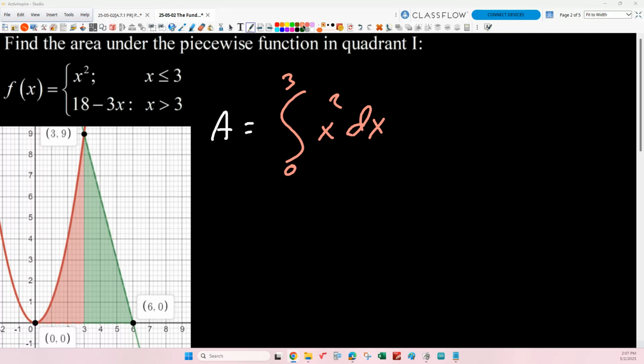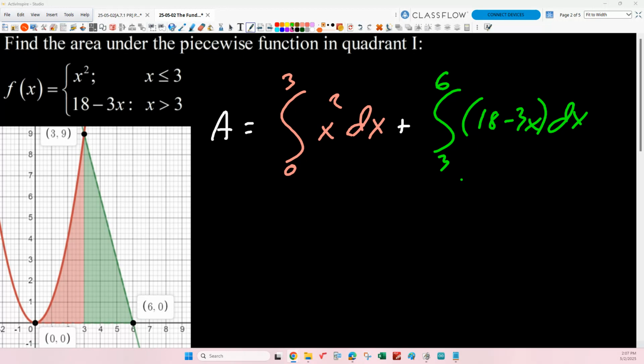I buy that. Okay. Plus what's the other one going to be? Okay, and I'm going to want to put that in parentheses, right? Everybody see why I need parentheses there? Yeah. Okay. From.